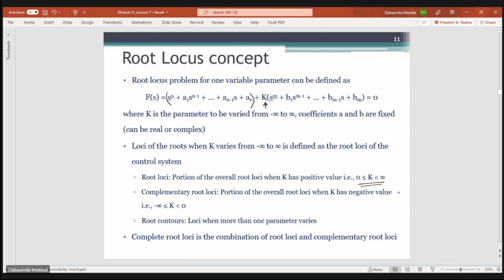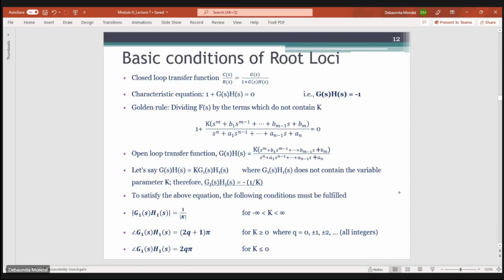So the first thing we'll do is divide f(s) by the terms which do not have the variable parameter. So we can write 1 plus K multiplied by s to the power m, divided by s to the power n plus this term, equals 0.